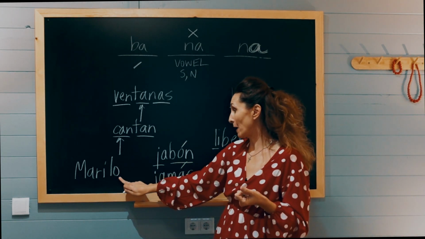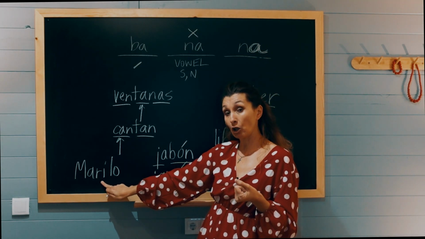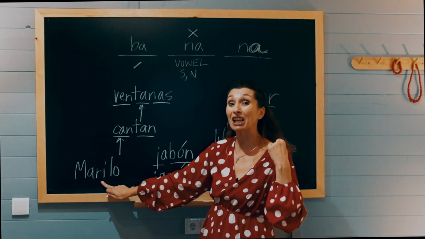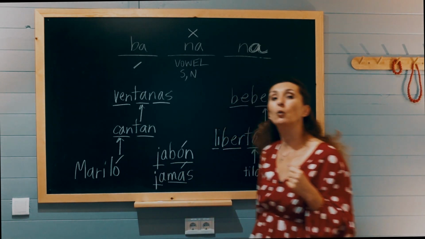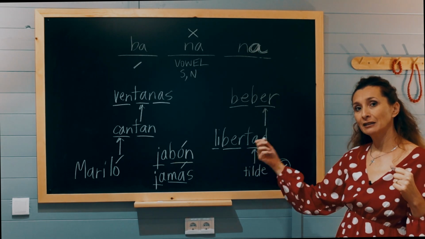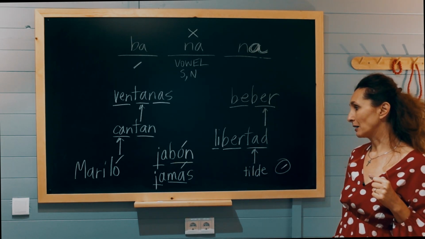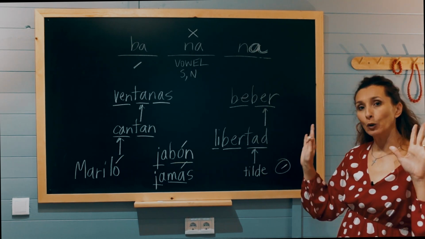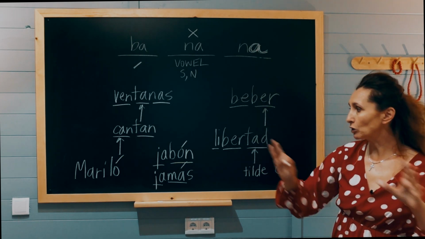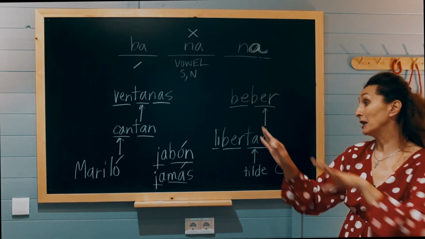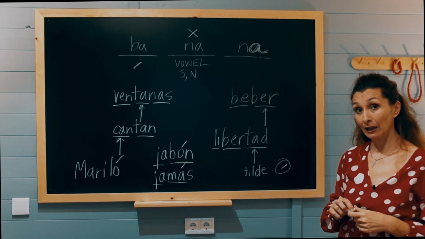Because it ends in a vowel. You would expect it to be on the penultimate one, but it's not. It's Marilό, and that's why we put this graphic accent mark on the O, and let everyone know, look, it's not where you would expect it to be, it's here, okay?